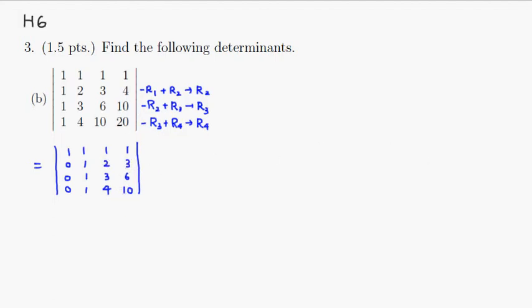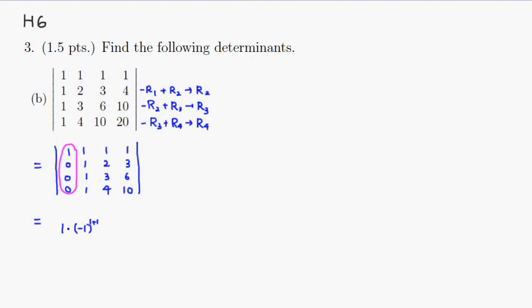You can see that the first column is really simple, so we're going to expand along the first column to find the determinant. This is going to be equal to 1 times, since this is the first row, first column element, (-1) to the 1 plus 1, which is positive.